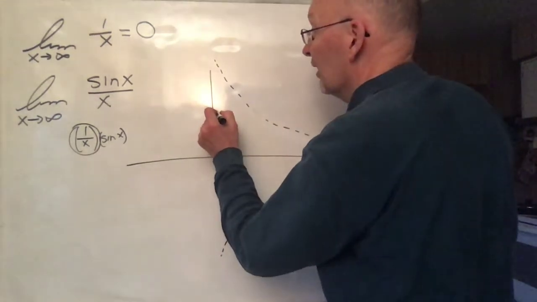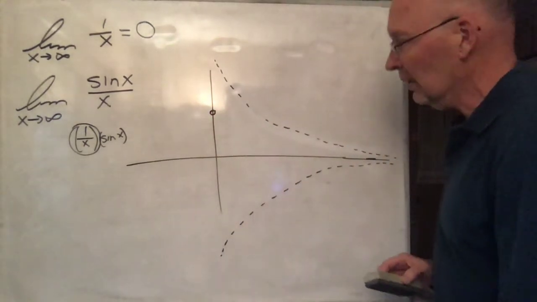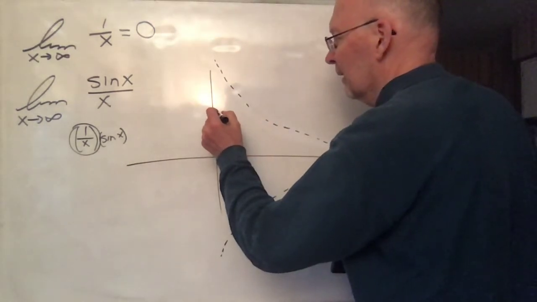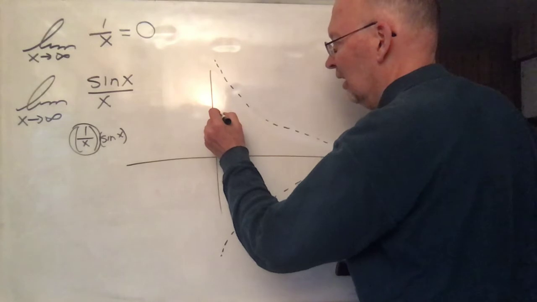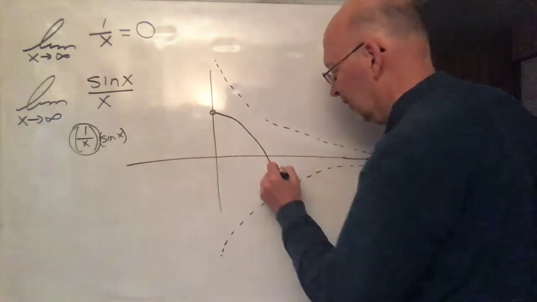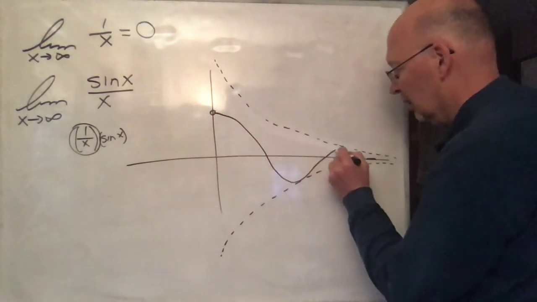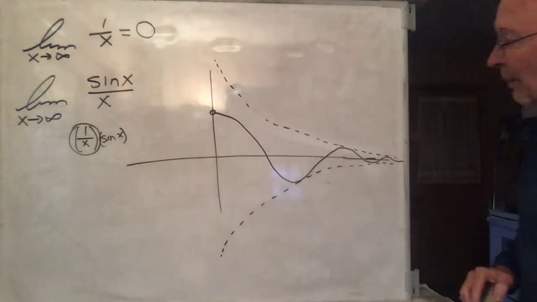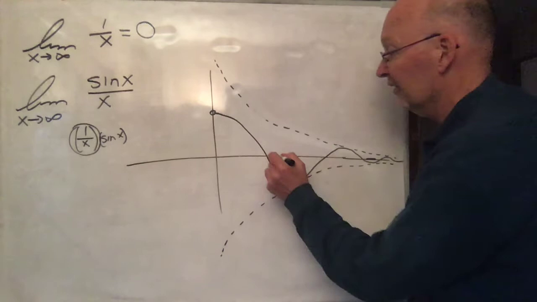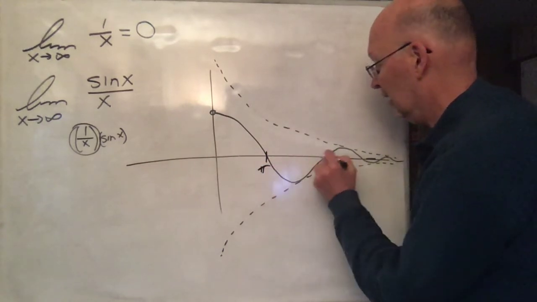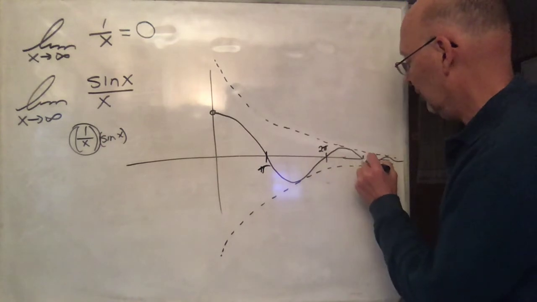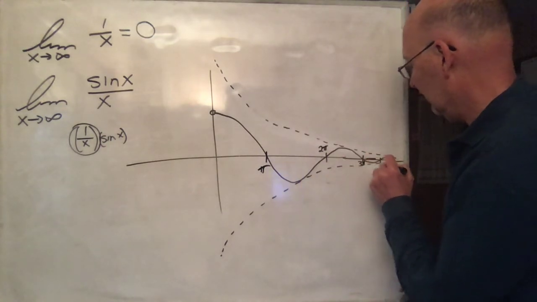Recall that we know that it approaches 1 as x approaches 0, so it's going to look something like this. To be honest, I can't remember exactly what it looks like, but it's going to do something like that, where this is pi, and this is 2 pi, and this is 3 pi, and this is 4 pi.